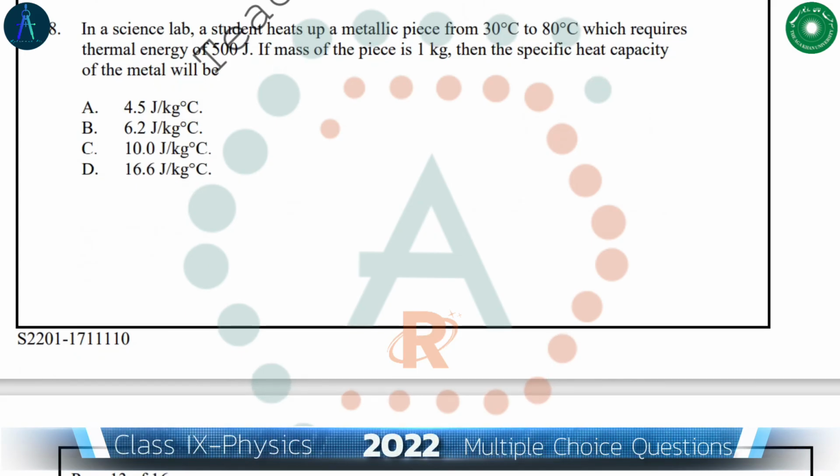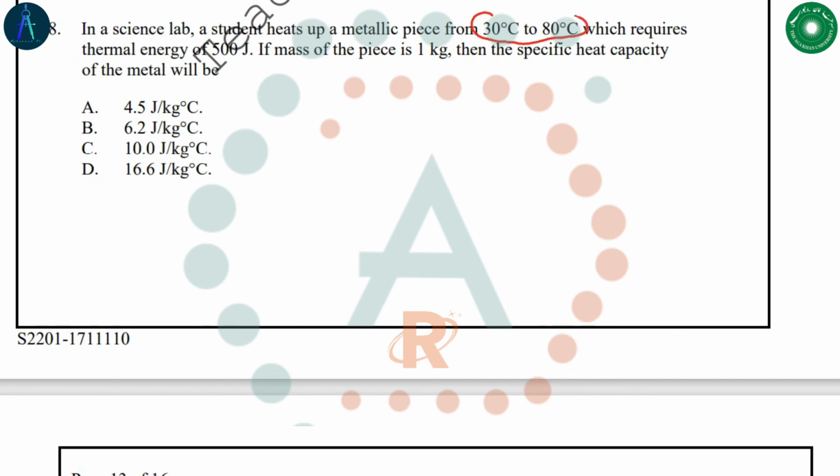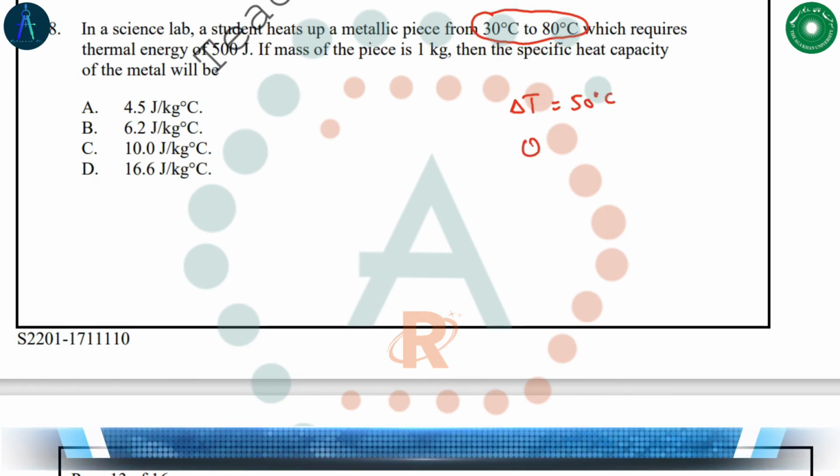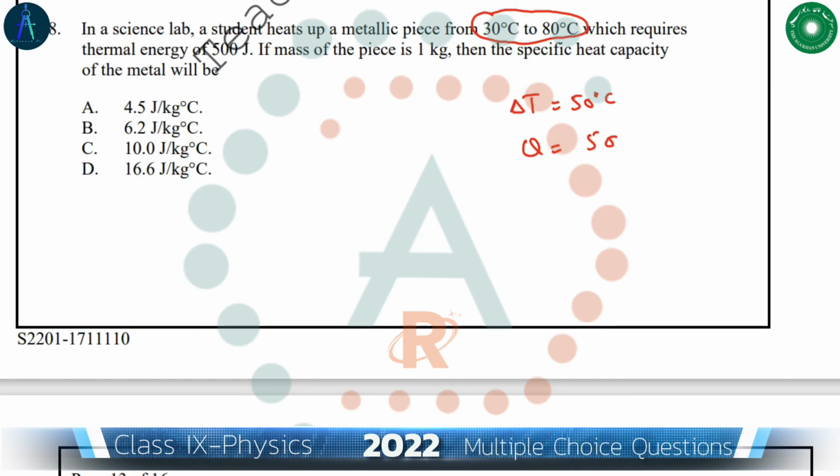In question number 48, in the science lab, students heat up a metallic piece from 30 degrees to 80 degrees. That is the change in temperature, delta T, 30 and 80, so 50 degrees centigrade, which requires a thermal energy of 500 joules. So this becomes the energy. The mass of the piece is 1 kilogram.